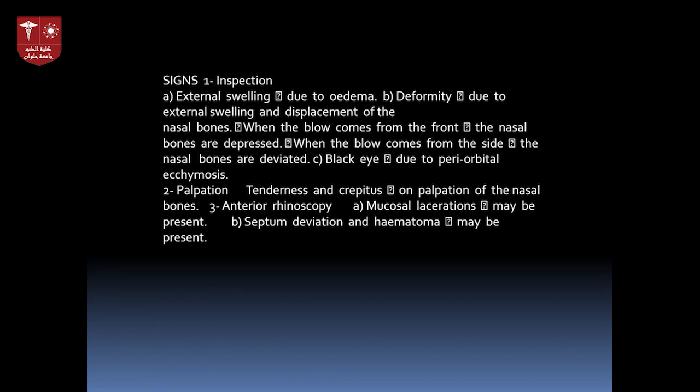And by palpation, there is tenderness and crepitus. What's crepitus? It's a cracking sound on palpation of the bones. And by anterior rhinoscopy, you will see mucosal laceration, maybe, maybe not, and septal deviation and hematoma, maybe, maybe not.